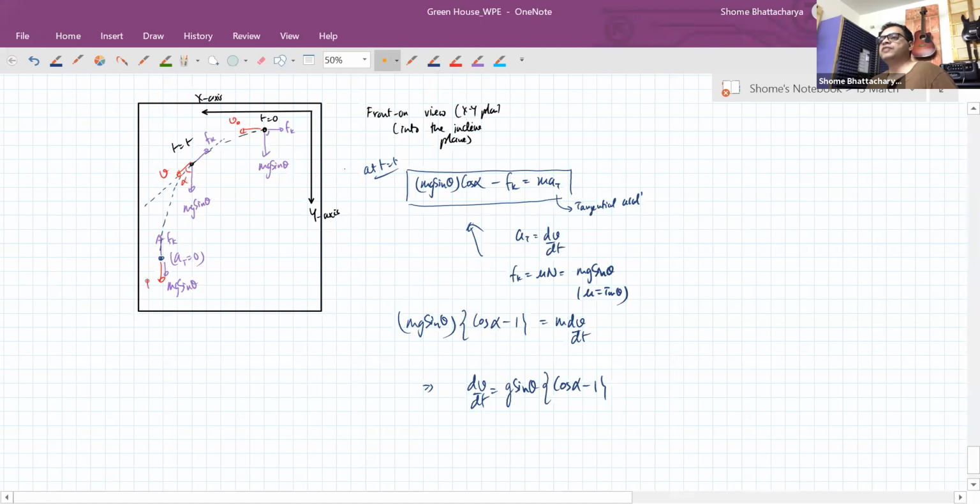So this will become the final velocity. By the time the velocity becomes along the y-axis, this is what happens. Suppose this happens at some time t naught. So when we integrate this, we have this relation.